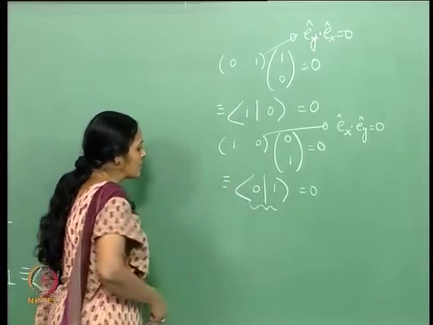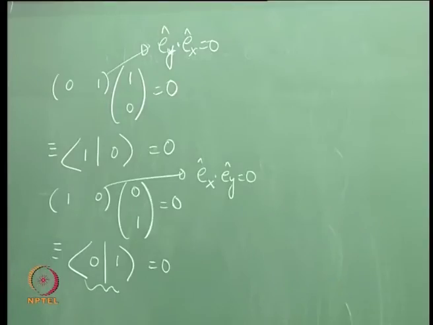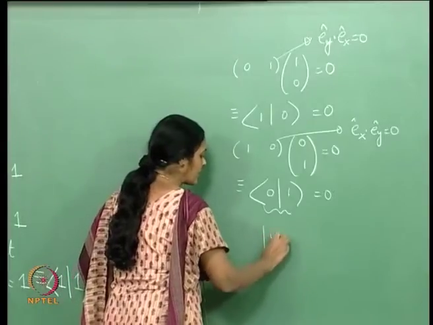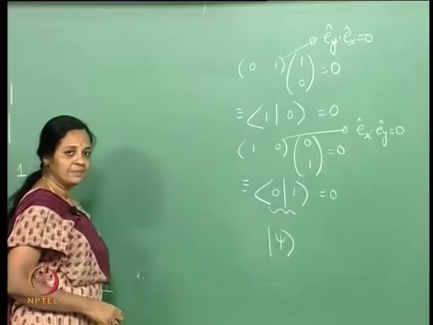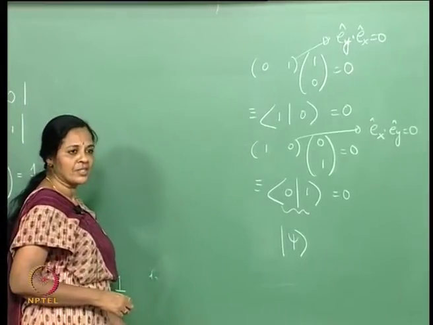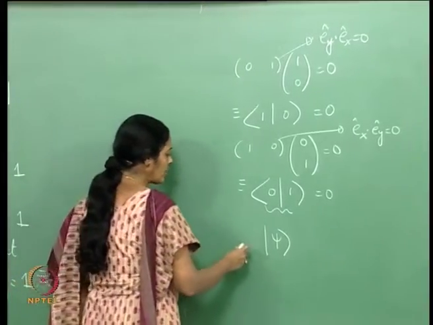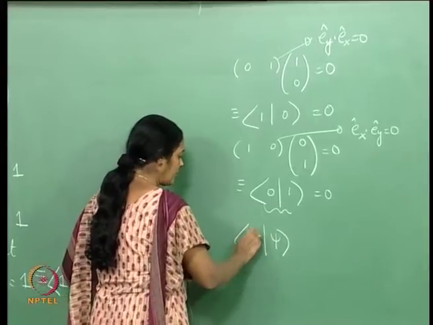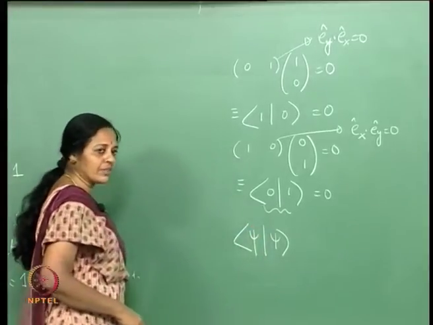Certain properties of the scalar product emerge. I can generalize this. So, if I have a state psi in a linear vector space, the inner product of psi with itself would be this object.